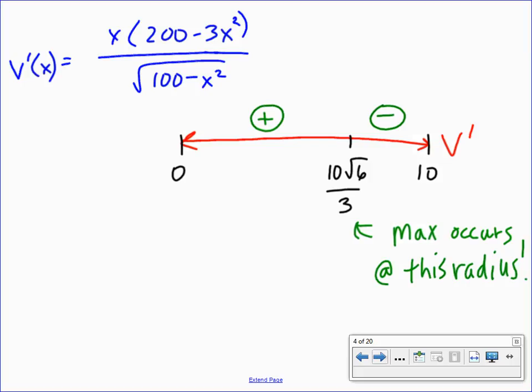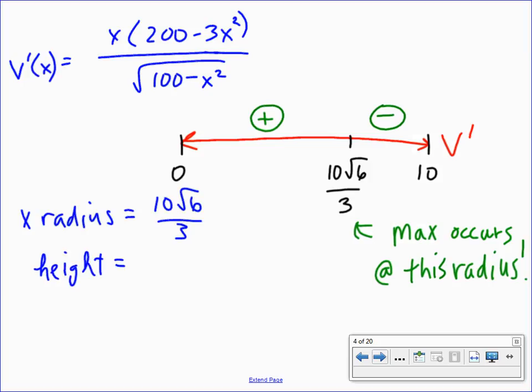Yay! So how do I get my dimensions? Easy. I can let x, the radius, equal 10 root 6 over 3, which means that my height equals 2 root 100 minus that squared.